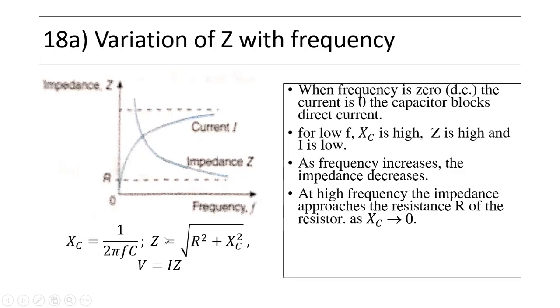So that's why your Z becomes like your R. So minimum Z is when Z equals R, and that's where you get your maximum current. Okay, any comments so far? Just understand the graph, that's all, nothing much. Memorize the graph.